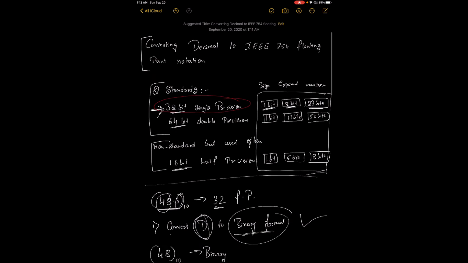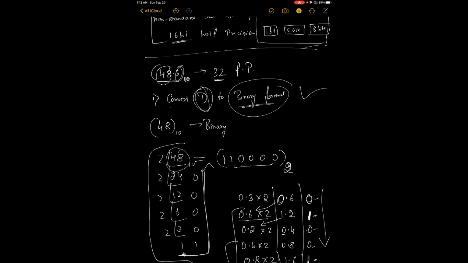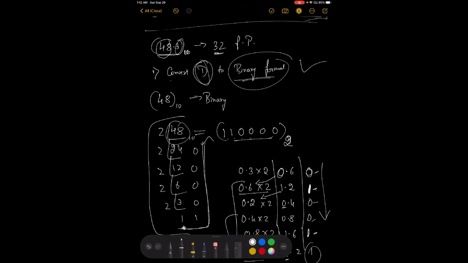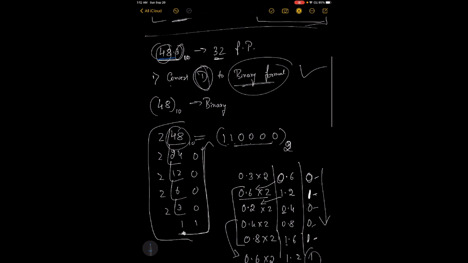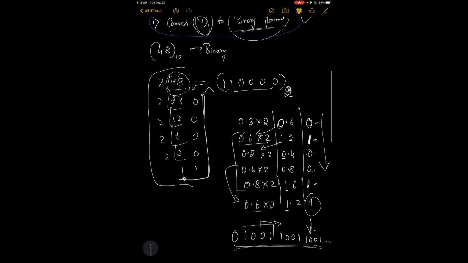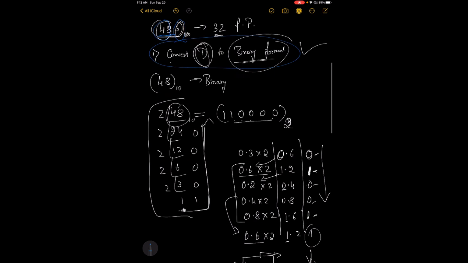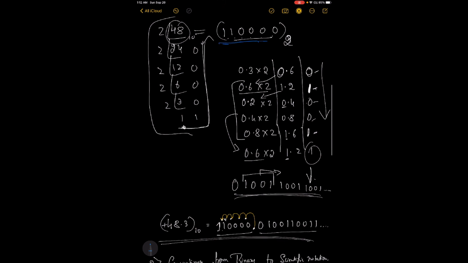So recapping quickly. First we took the decimal number and converted it to binary format. To convert it into binary, first we had to take the decimal part and then the fraction part. For the decimal part, we divide by 2, and we got this. For the fraction part, we multiply by 2.